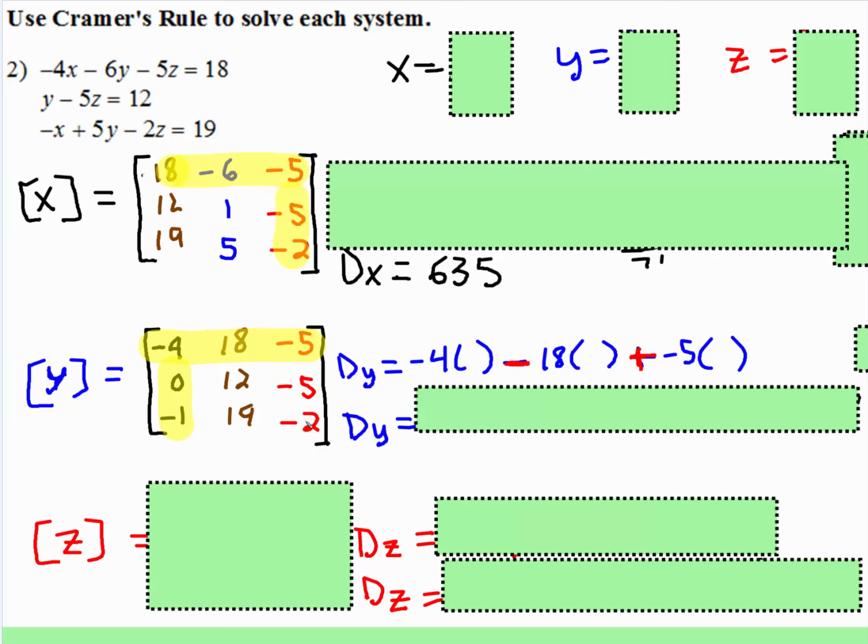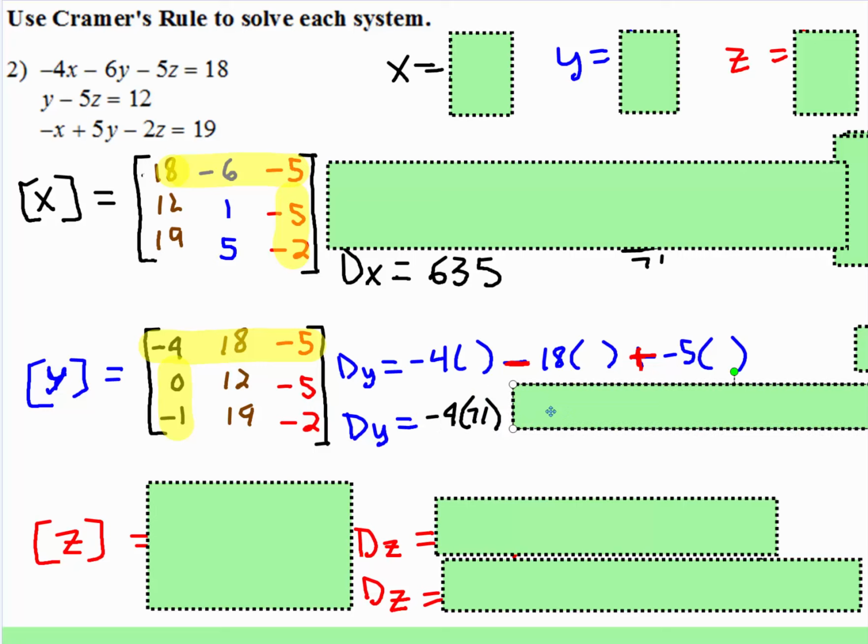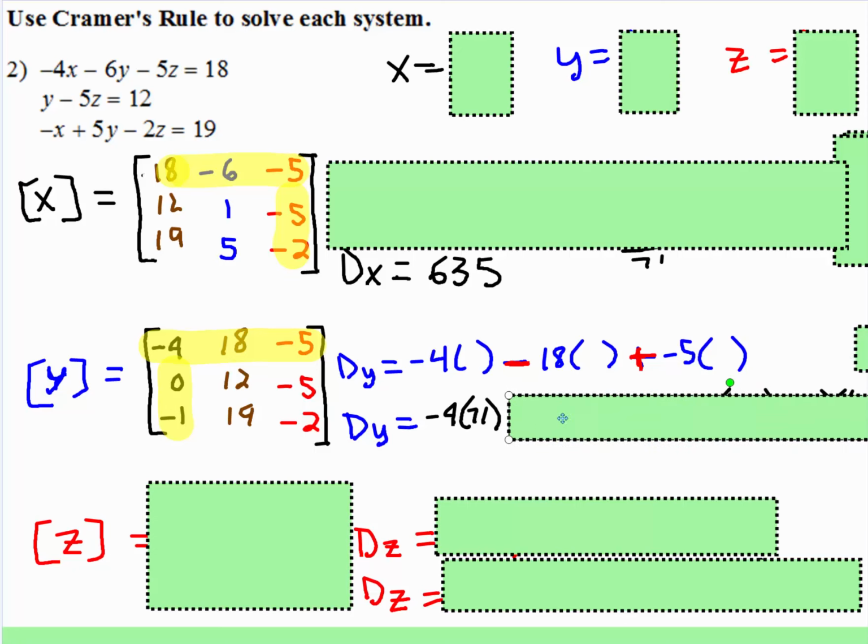So 12 times -2 is -24, subtract 19 times -5, subtract -95, you add those together and you get positive 71.